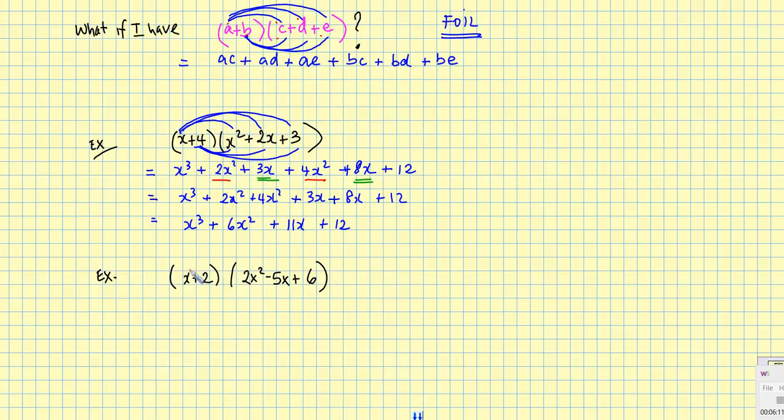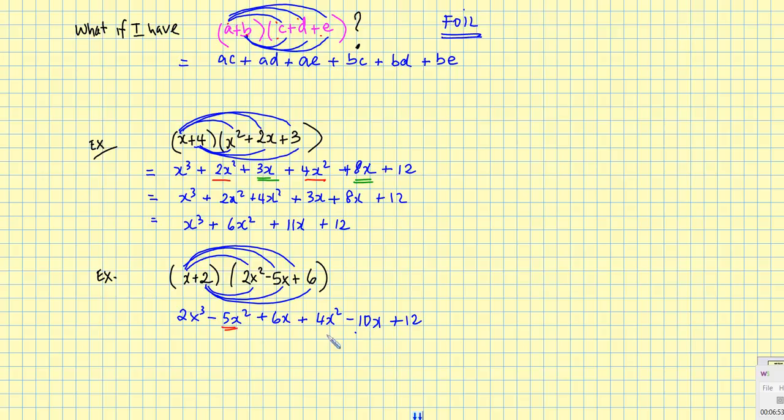Again, we'll do one more example where we've got x times 2x squared, which gives us 2x cubed, and then x times negative 5x gives us negative 5x squared, and x times 6 is going to be plus 6x. We then have plus 4x squared minus 10x for the next one, and then it'll be plus 12. So we collect our like terms where possible.